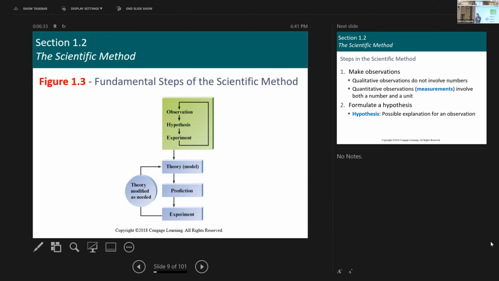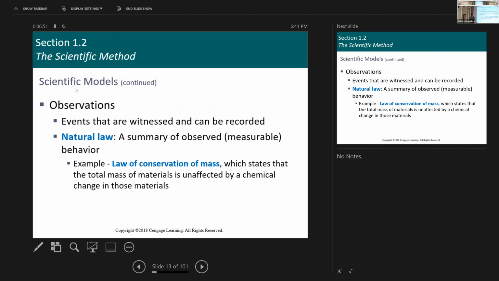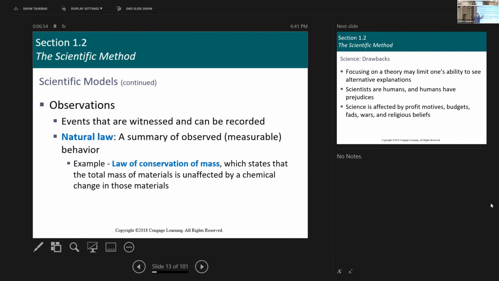So a theory is a conglomerate of well thought out hypotheses that have been tested and proven to point in the same direction of outcome. And then that theory will eventually turn into a law. So we'll talk about that. So measurements, hypothesis, yeah, we talked about this already. Then they become a natural law.